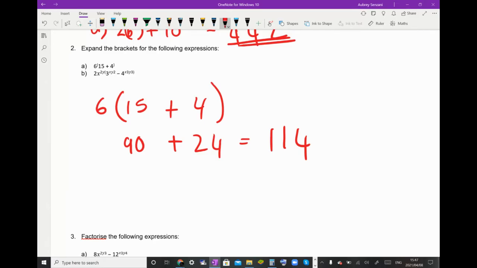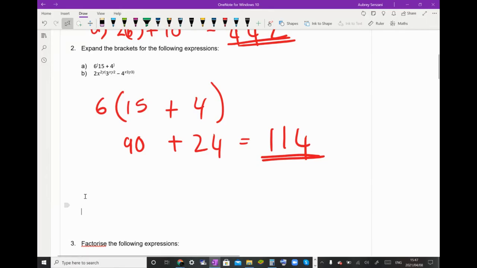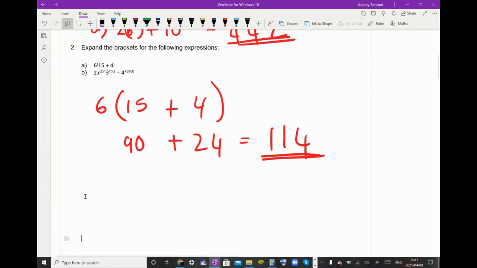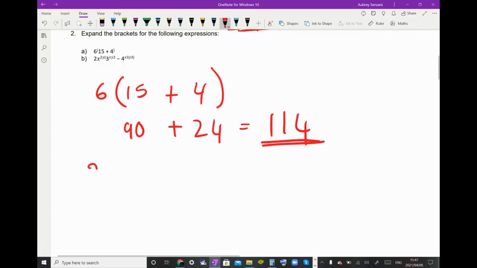Then with the next one, again, for some reason, it's creating its own subscripts and stuff like that. So I'm just going to rewrite it out nicely there for you guys, to create more space. So 2x to the power 2, and then y, okay?